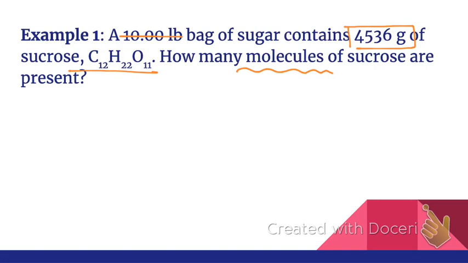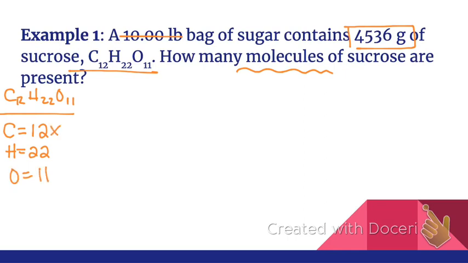The grams to moles part is what we've done already. You need a molar mass. Remember, we take our formula, C12H22O11, and list out our elements: 12 carbons, 22 hydrogens, and 11 oxygens.